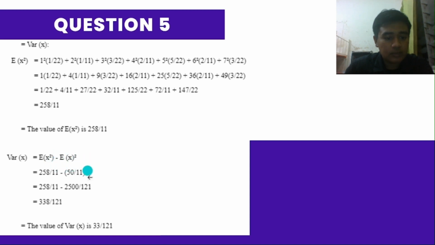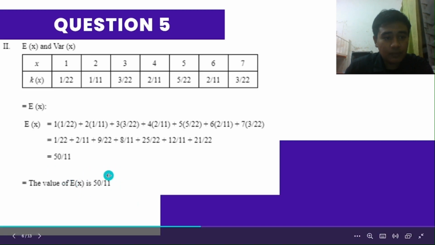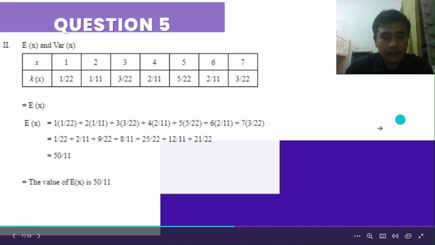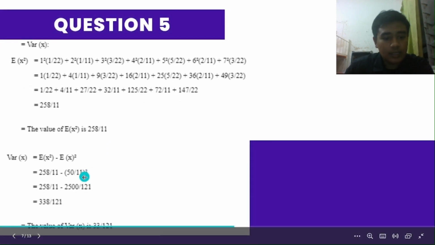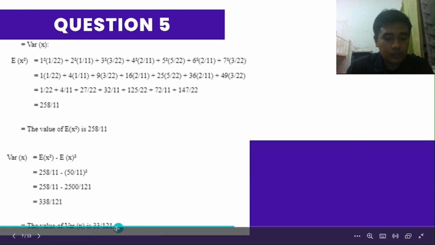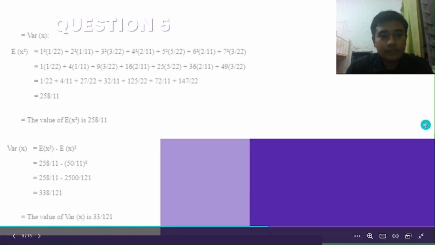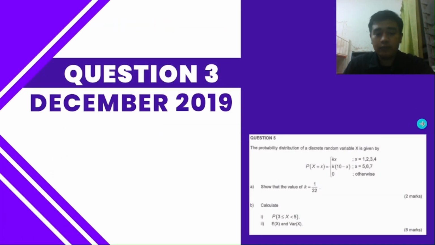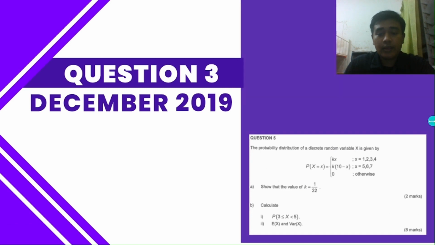So the way we do this, we take the previous E(x), 50 over 11, and we square it, then we get 2500 over 121. The final value for Var(x) is 33122, which is this. Next question, we can proceed with question 3 from December 2019.